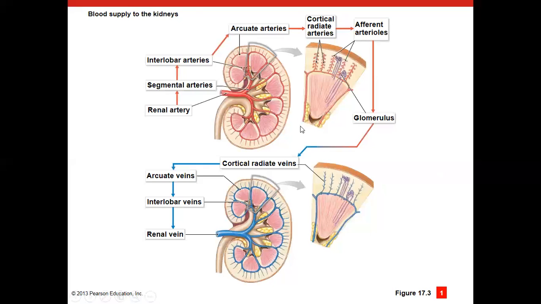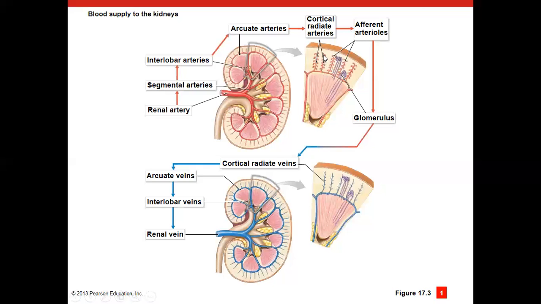So here's an interlobar artery, but larger. Interlobar arteries branch to arcuate arteries. They arch or arc around the top of a renal pyramid. And then the cortical radiate arteries branch perpendicularly off of the arcuate artery up into the cortex.